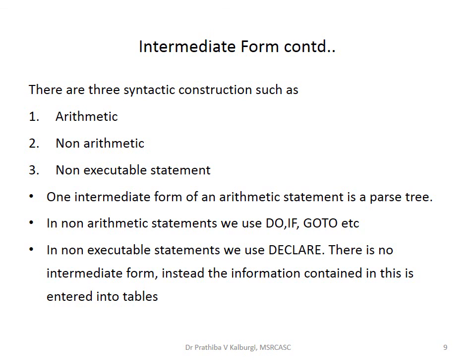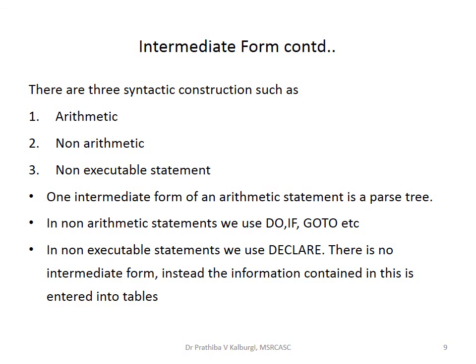These non-executable statements, such as the declare or Fortran dimension statements, give the compiler information that clarifies the referencing or the allocation of the variables as well as the associated storage, that is, where you are going to store the data. So there is no intermediate form for these statements.